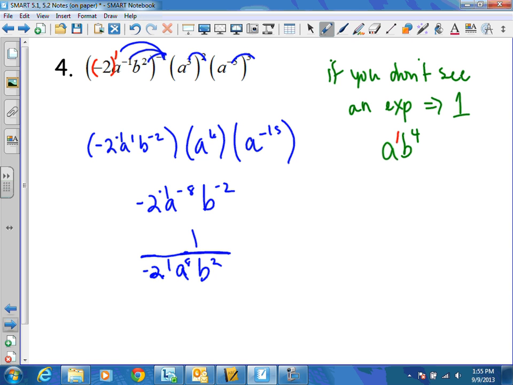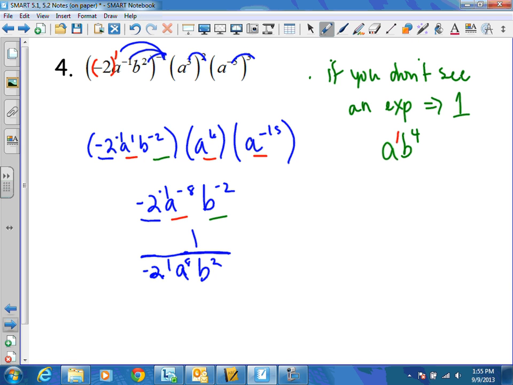So negative 2, there's no other negative 2, so she left it. A's are right there. So 1 plus 6 is 7, minus 15 is negative 8. Then the B's are right there. There were no other B's to put together.